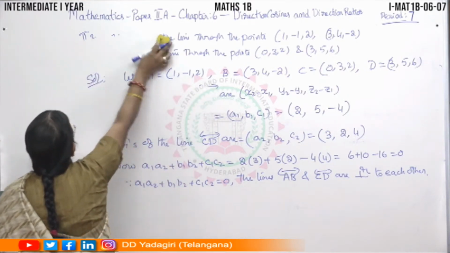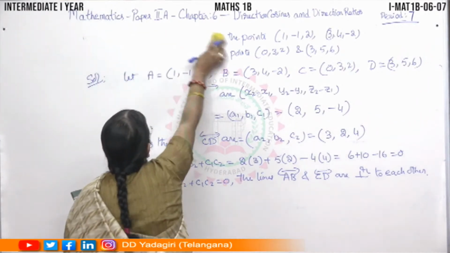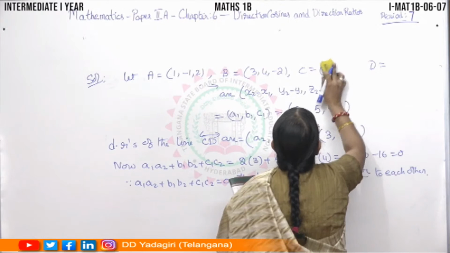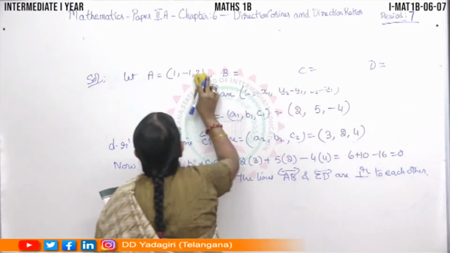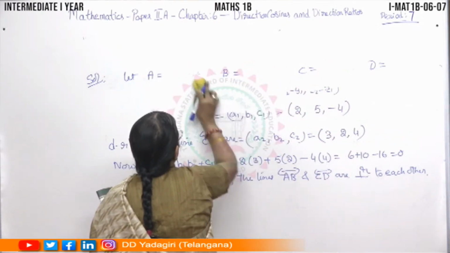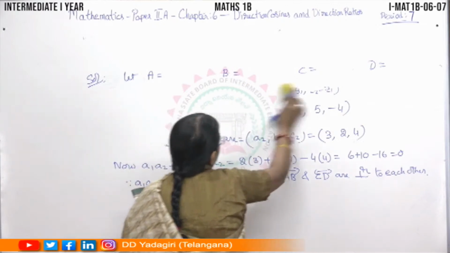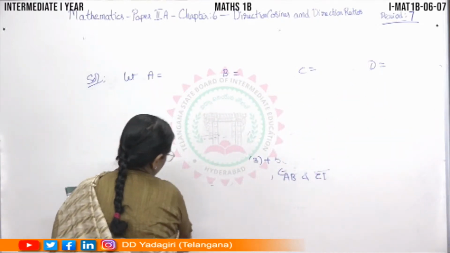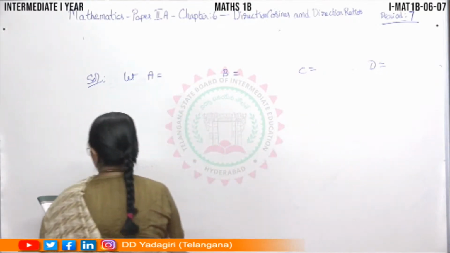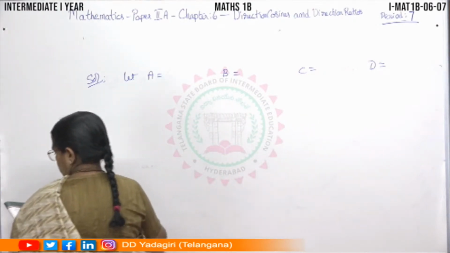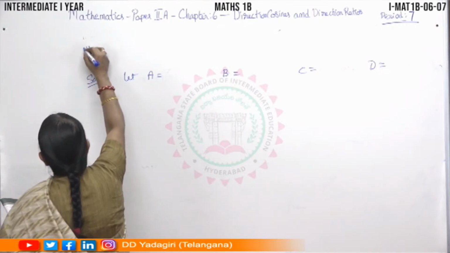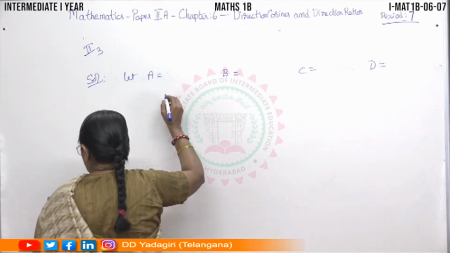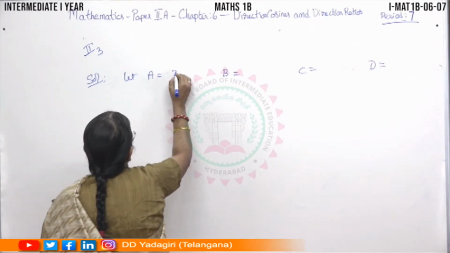Okay, now next problem, second section, third problem. This may be the last problem. So this is second section, third problem. You are given the points as A is (3, 4, 5).